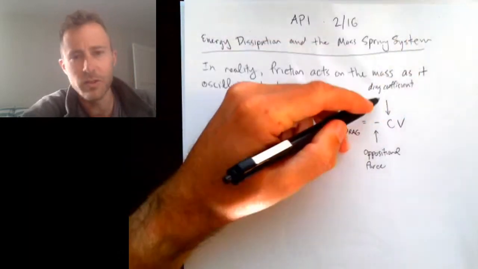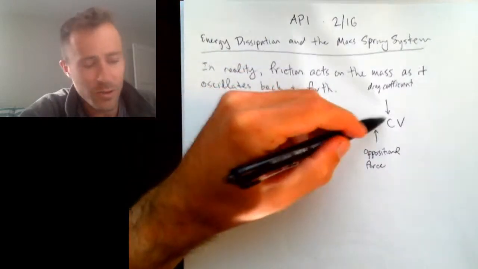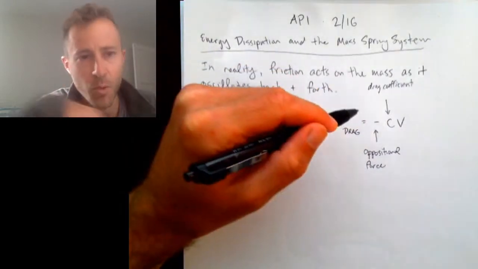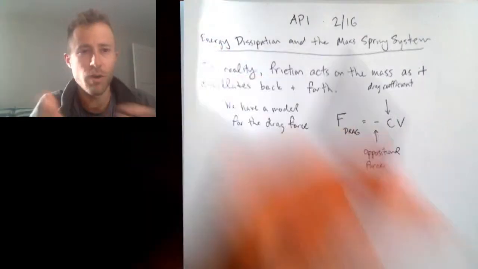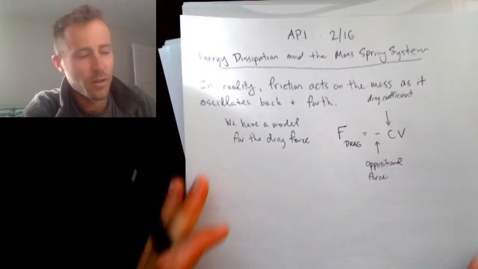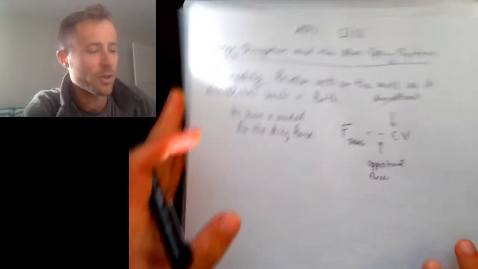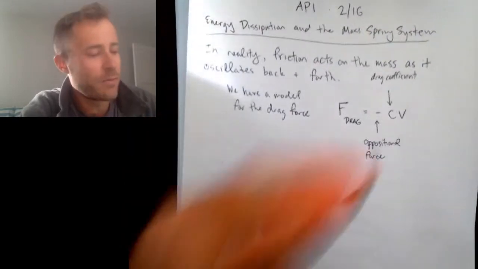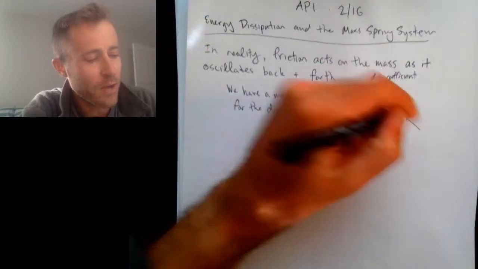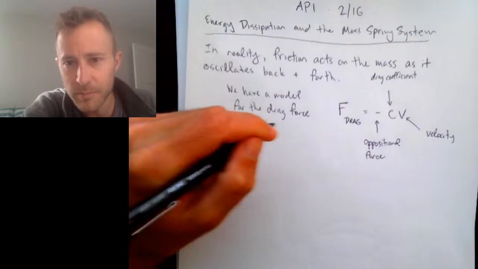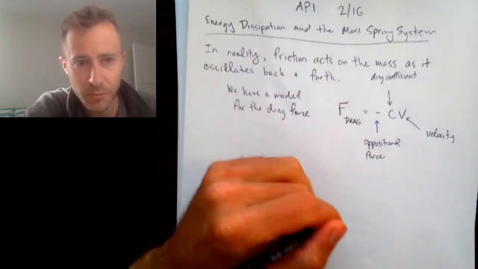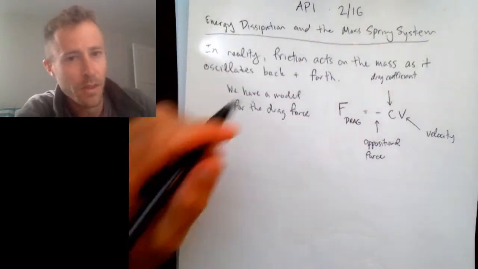The bigger the C coefficient is, the more drag you have, so the rougher the surface is or the thicker the air resistance is. And then V is, of course, your velocity. It can be positive or negative because it's a velocity, not a speed.